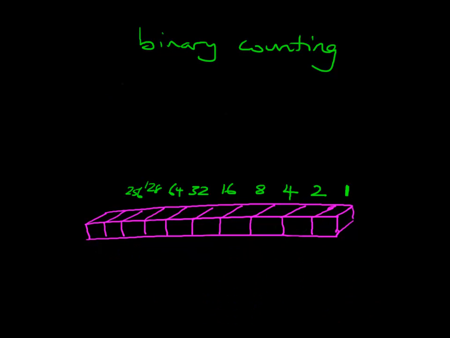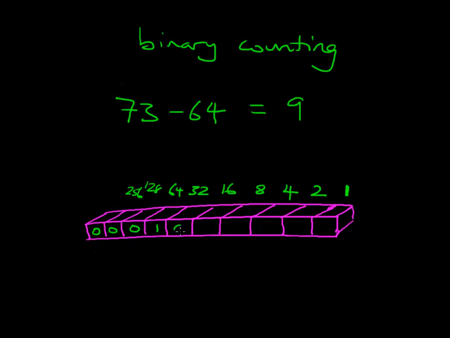So now we're going to look at doing the number 73. So first of all, how many times does 64 go into 73? Well, we can get 1 into that, so we'll put 1 in the 64. We can't get 128 in, so we won't use these ones. So we're going to have nothing inside there. Inside the 32's column, well, if we take 73 and we take away the 64 from it, we're going to get 9.